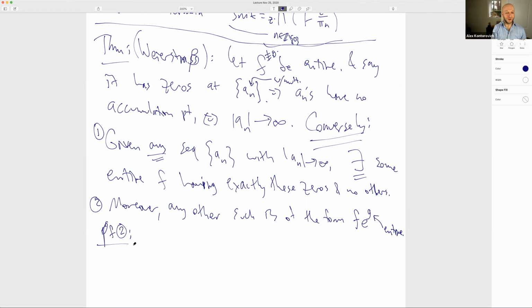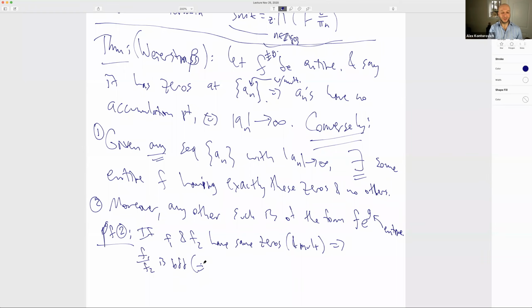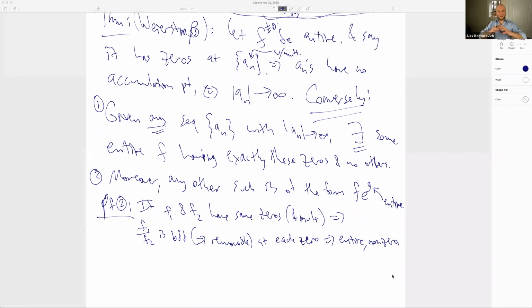The proof of the second is very simple. If f1 and f2 have the same zeros, including multiplicities, then f1 over f2 is bounded at each of the zeros, hence removable at each zero, and hence it's entire and everywhere non-zero. And the complex plane is simply connected.